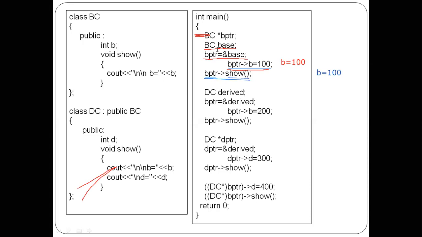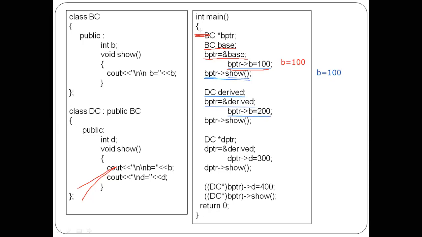Next one. In the next case, DC derived means what? We have created the next object, of the derived class, and we are going to initialize the same base pointer with the help of that derived class. Clear? Next, again with the help of the base pointer, we are going to initialize the b variable.